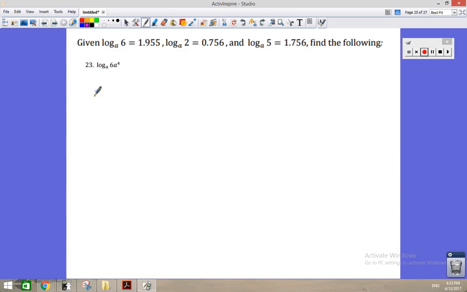Alright, we have multiplication here, 6 times a to the 4th. So let's split this up into two logs. The log base a of 6 plus log base a of a to the 4th power. Well, I can replace this log base a of 6 with 1.955.